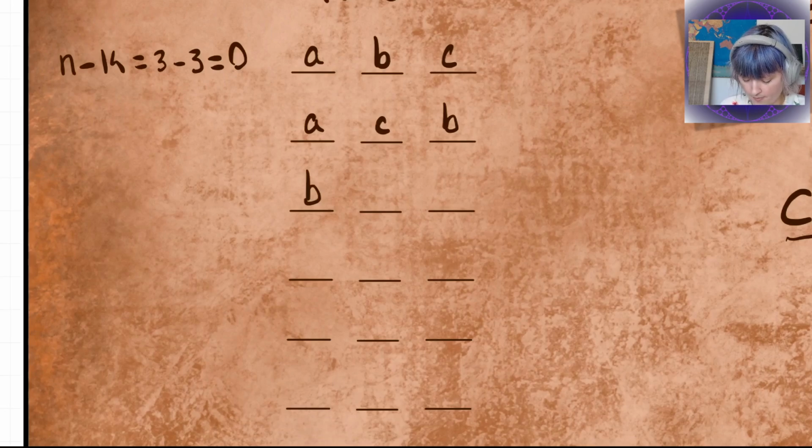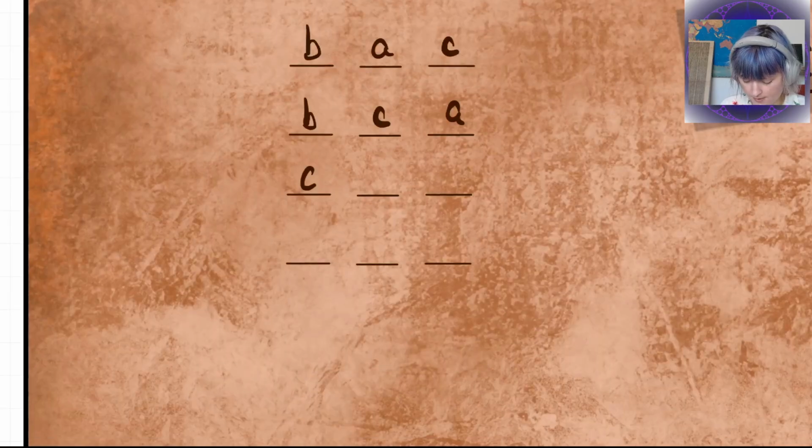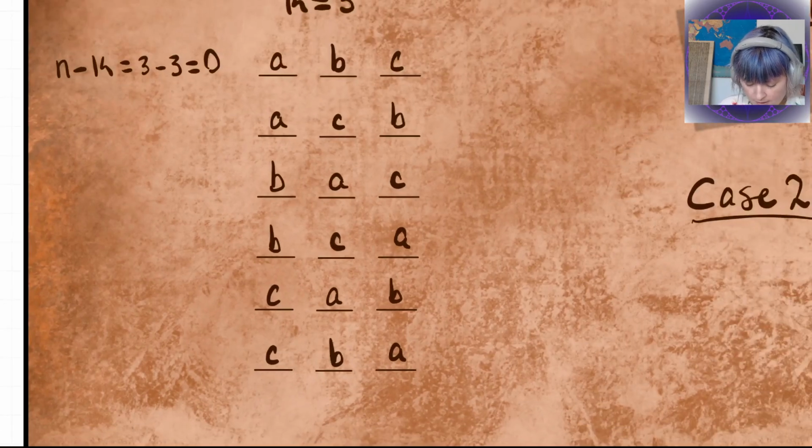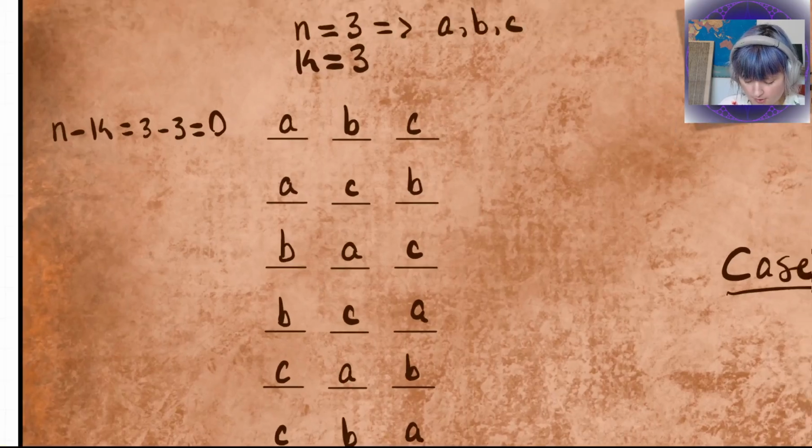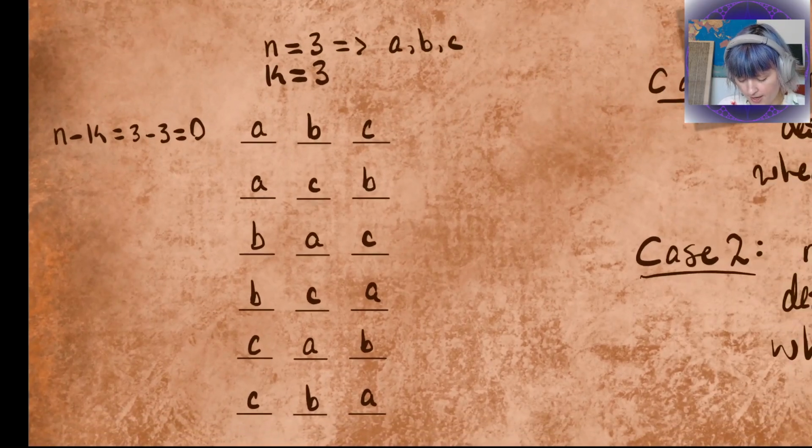So now I have B in the first position, A and C. Those 2. Now for B, C, A and B, and then I can switch to 2. So these are our unique permutations, given we have n distinct elements to choose from, and the size of each arrangement, where order matters, is 3.